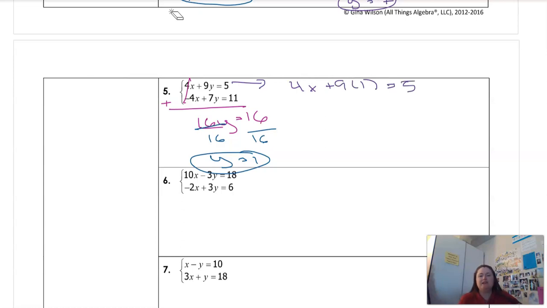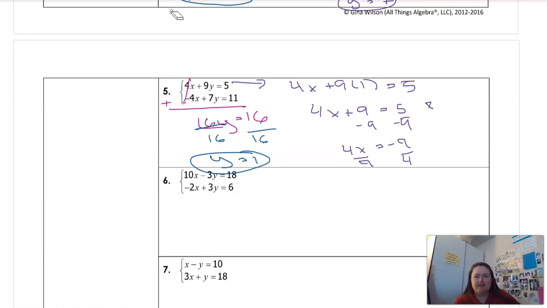And the biggest mistake people tend to make with these is forgetting what variable they're on. So we have a y here, so I need to plug it in for y. Just be careful that you're paying attention to which variable you solved for first. So 4x plus 9 equals 5, minus 9 on both sides. 4x equals negative 4. Divide by 4 on both sides.